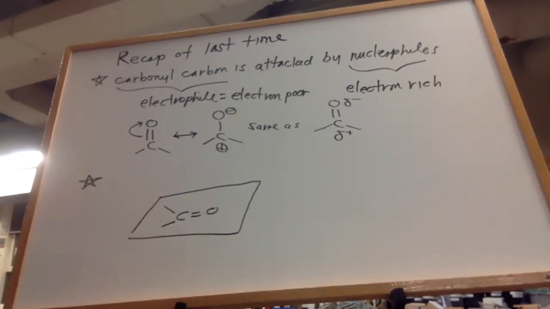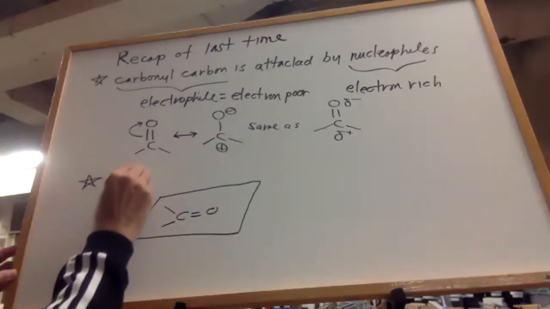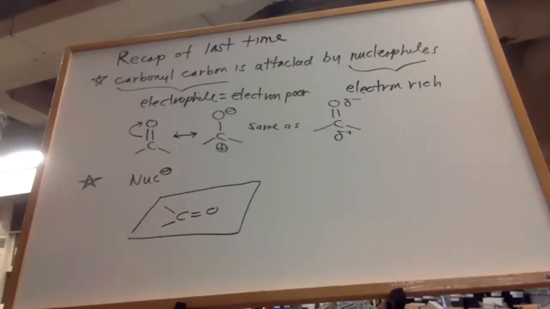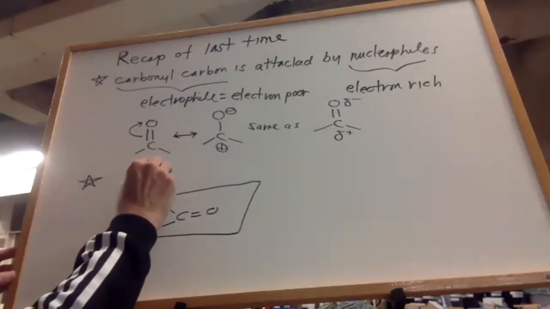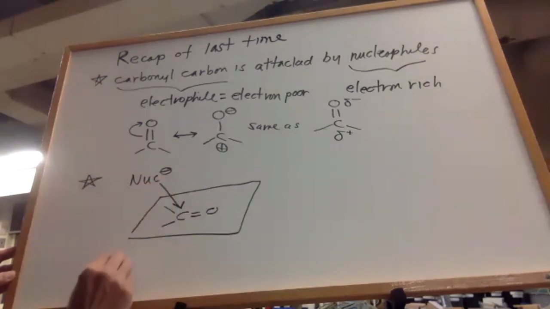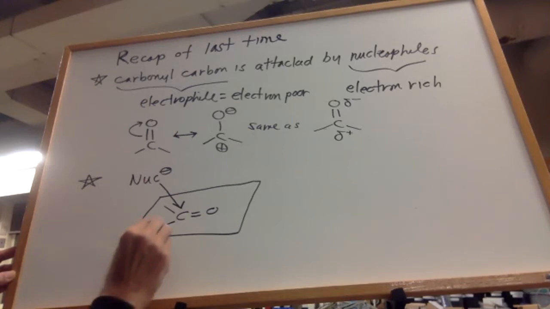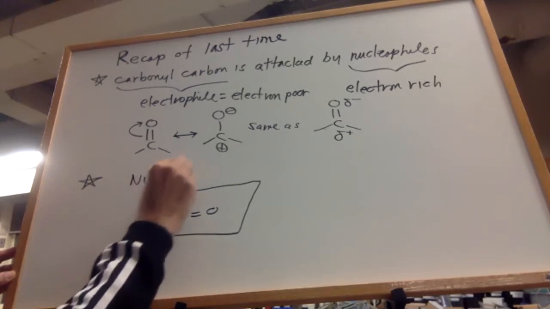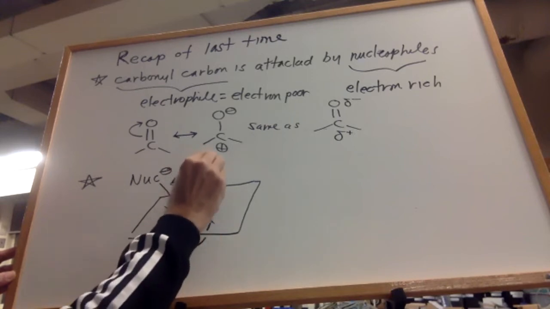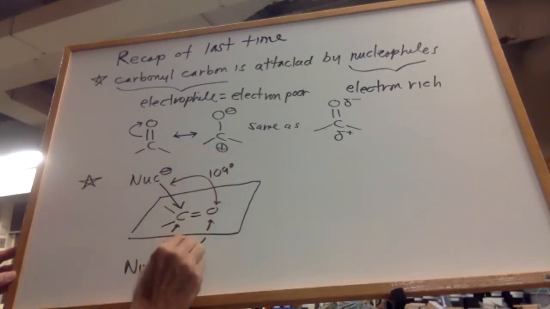It's planar, it's sitting on the tabletop, and the nucleophile, the electron-rich thing, let's put a negative charge on the nucleophile just to emphasize that it is electron-rich, comes in and attacks the carbonyl carbon from above or from below the plane of the carbonyl, making a 109-degree angle as it enters.